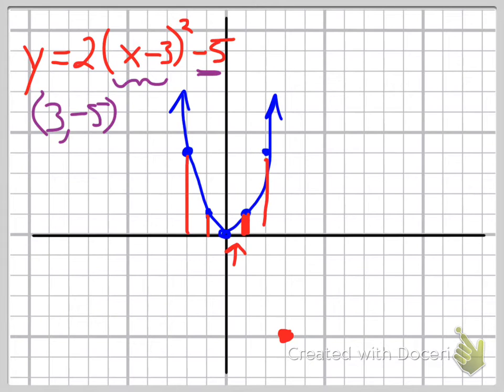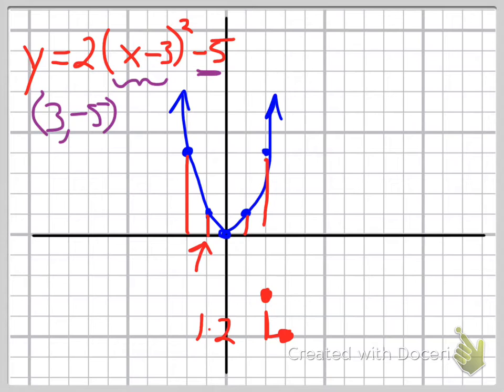So in this particular case, when I go 1 unit to the right, instead of going up 1 unit, I'm going to go up 1 times the a value of 2. That is going to give me a 2. So my coordinate point is going to be right there. The same thing for going 1 unit to the left. I normally go up 1 from my parent function, but now I'm going to go up 1 times, again, my a value of 2. So I have that point.